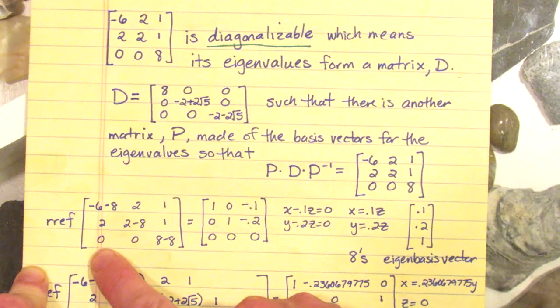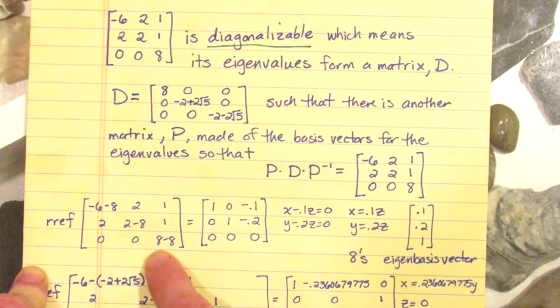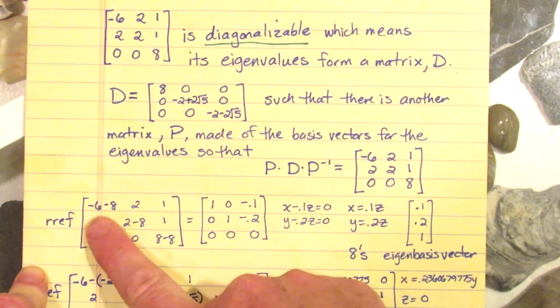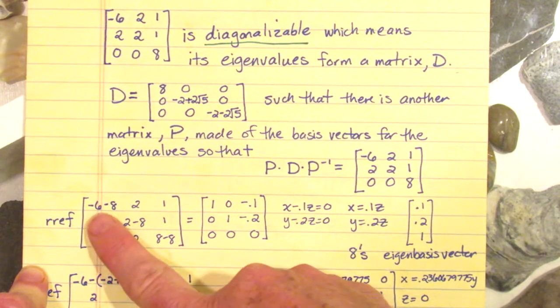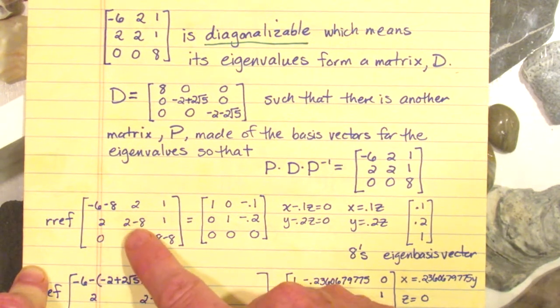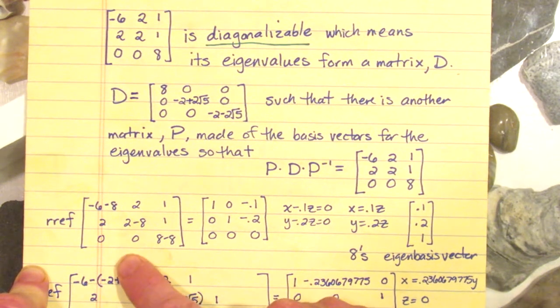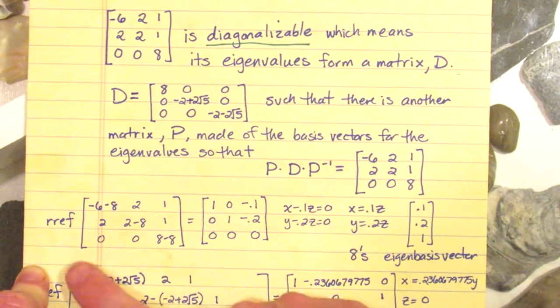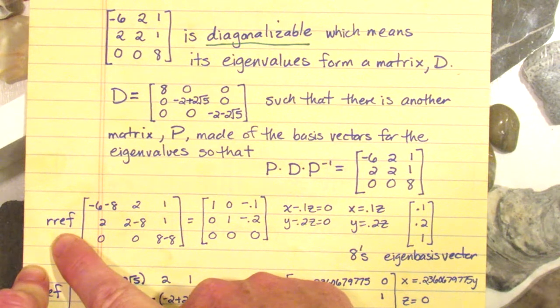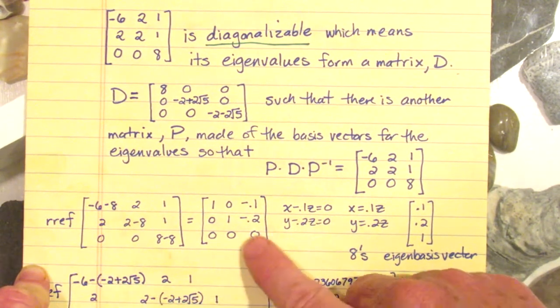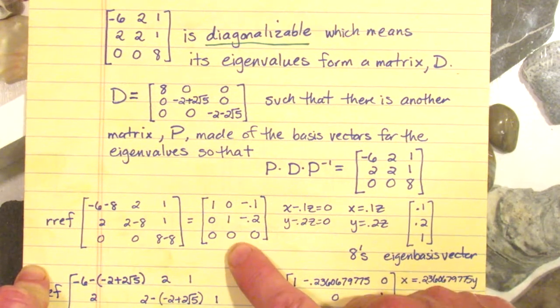And then the third row, I have 0, 0, and then 8 minus 8. So notice down the diagonal, I took the original matrix and I subtracted the eigenvalue 8, leaving all the other entries as is. If I RREF, or completely reduce that with row echelon steps, I get this matrix.